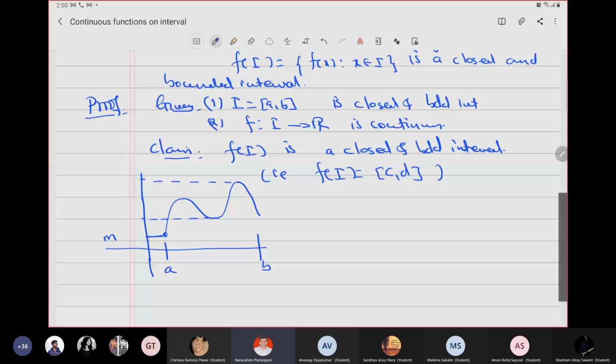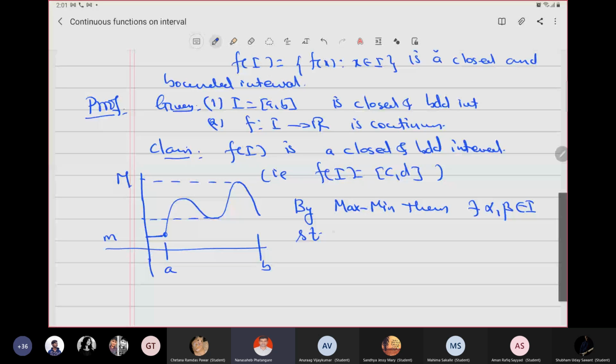So can we apply the max min theorem? Yes, sir. There exist alpha and beta in interval I such that f of alpha is equal to the supremum of f of I, let us call it capital M, and f of beta is equal to the infimum of the range, let us call it small m.